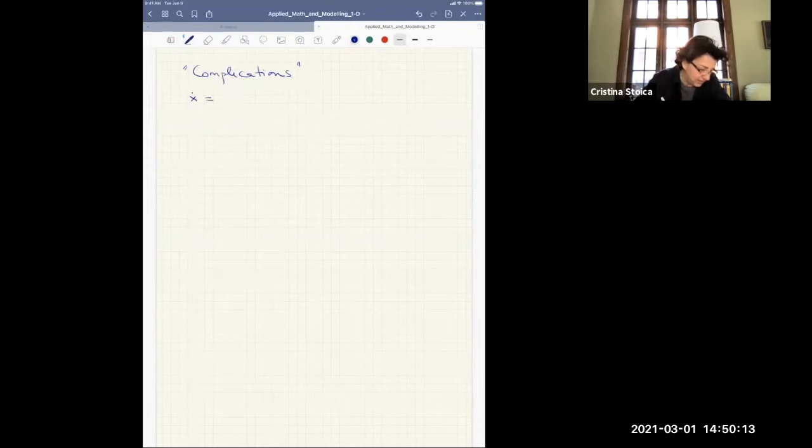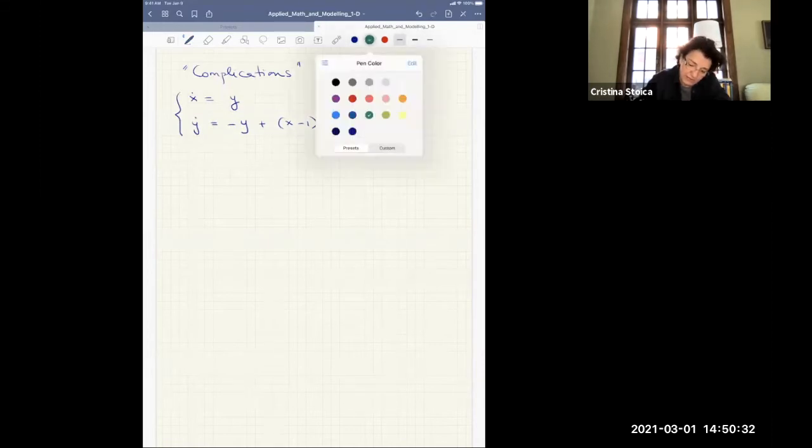So this was the initial system. I'll make it more complicated. I'll put here an A, where A is a parameter that is not zero.